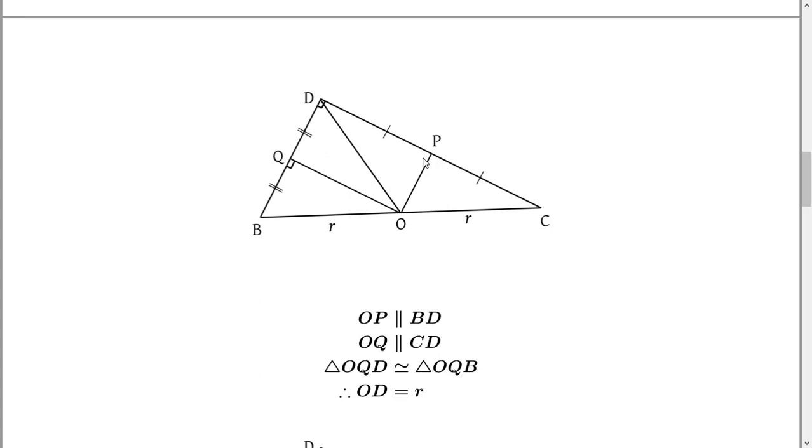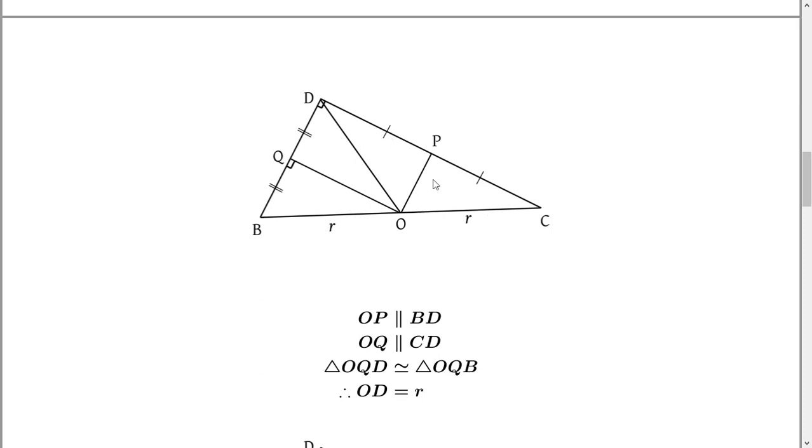And then we can use the basic proportionality theorem to show that PC equals DP. Why? Because PO is parallel to DB and therefore OC by OB is equal to PC by PD. That's the basic proportionality theorem.